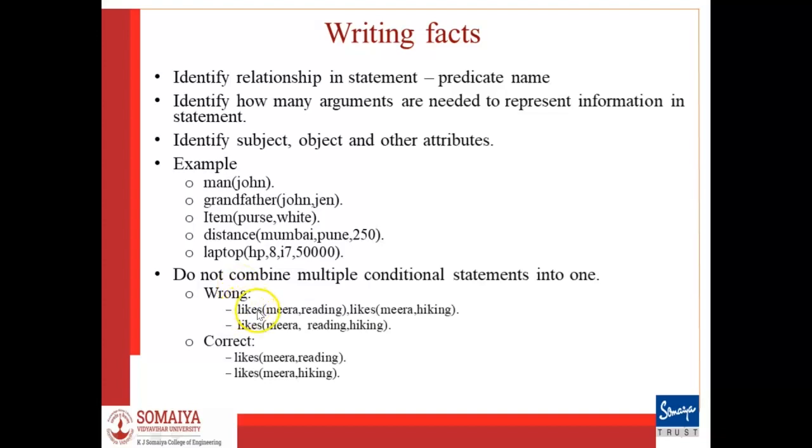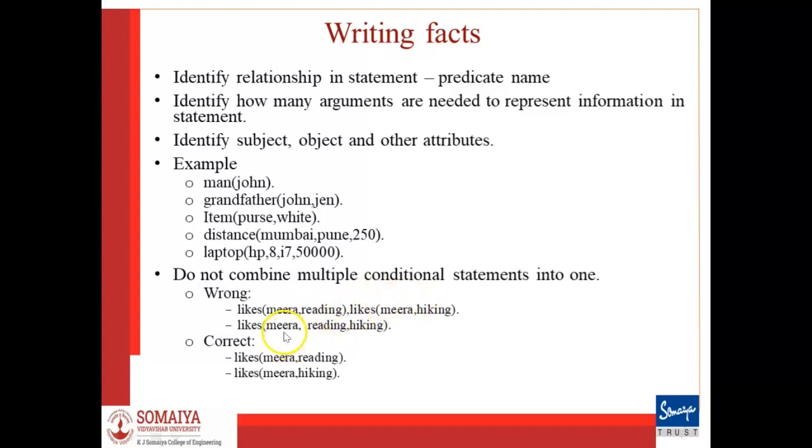If you have more information or similar information, then it should not be combined into one. For example, a comma in Prolog is taken as logical and. So if you write a statement as Meera likes reading and Meera likes hiking, then that would be taken as a logical and, and accordingly if you are talking about only reading as one of the hobbies, then it will not be separated because it's logically anded over here.